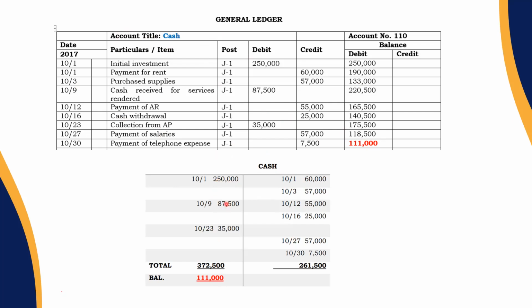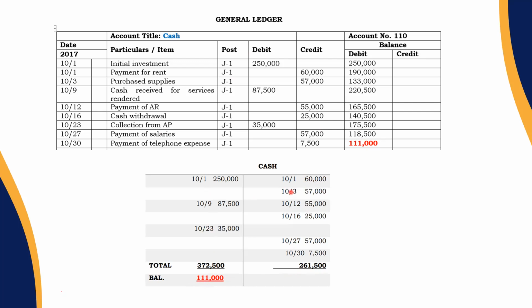And then, pag na-total na ninyo yung nasa debit side, it's 370,500. And sa cash naman na nasa credit, 261,000. So the value of our cash is actually 111,000 pesos. So that's how you summarize, that's how you post your journal to the ledger. Isa-summarize mo. Cash pa lang po ito ha.